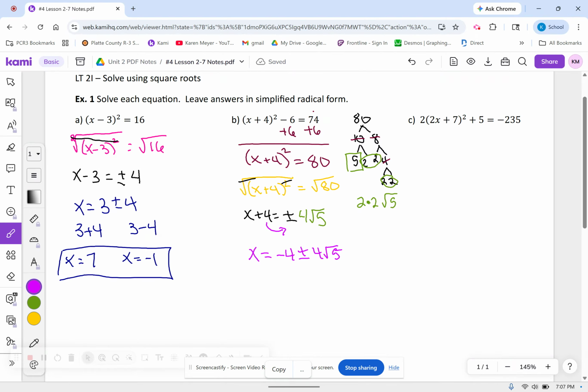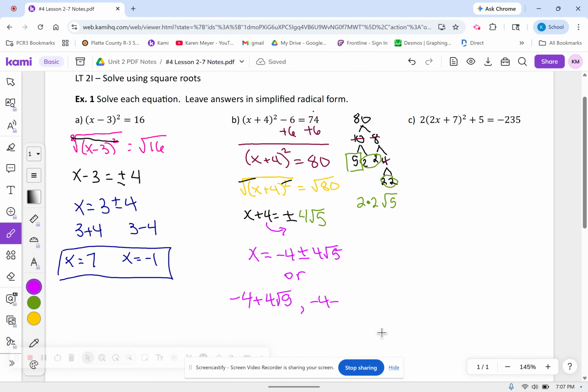So please do not say, I'm going to split the plus or minus and get 2 separate answers. No, no, no. You can leave your answer like this, or if you want to write your answer, you could write it like this, but you can't actually combine the -4 and the +4.